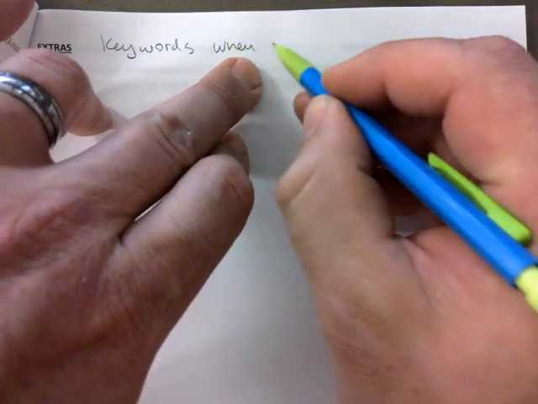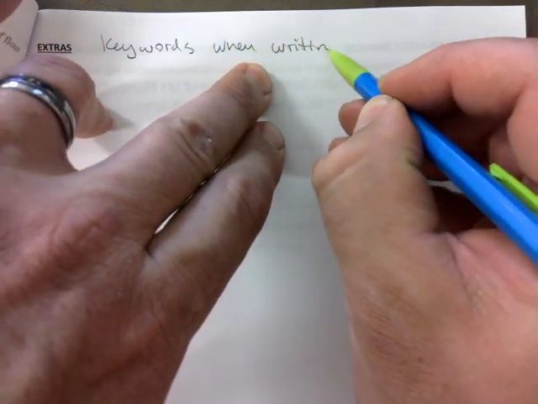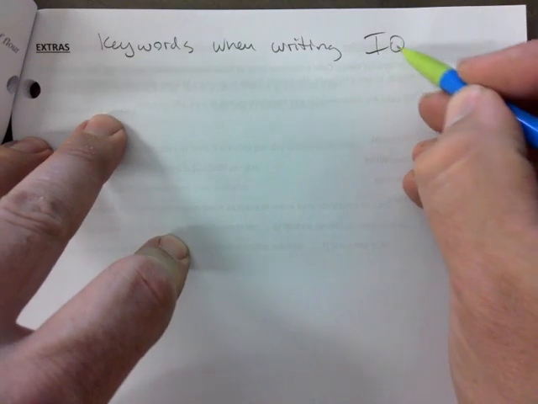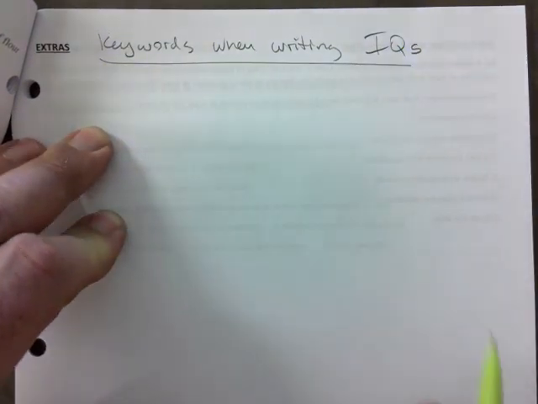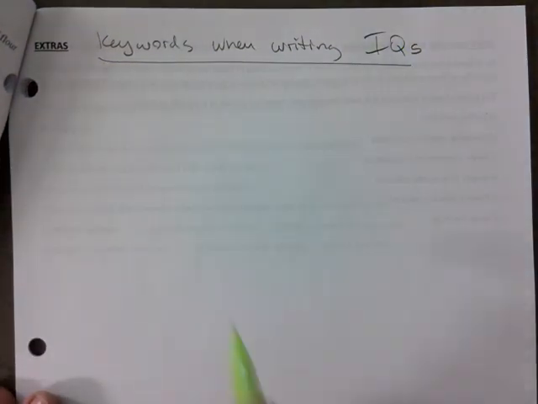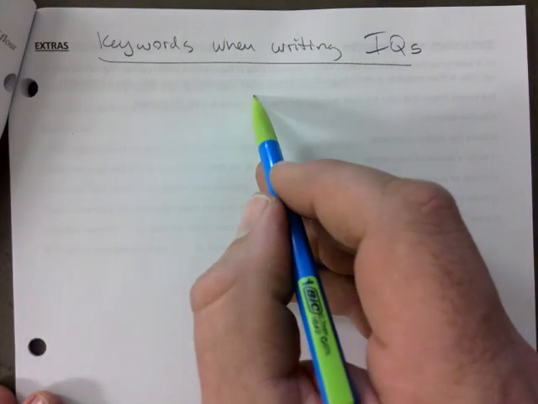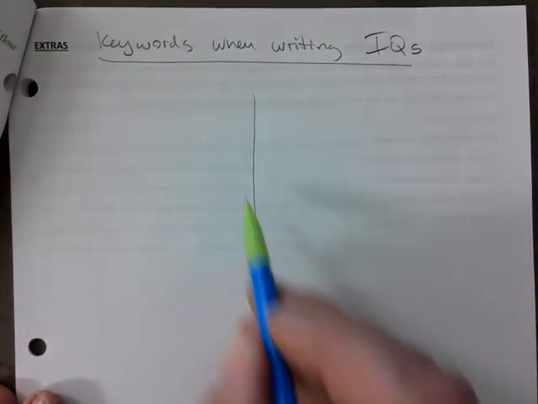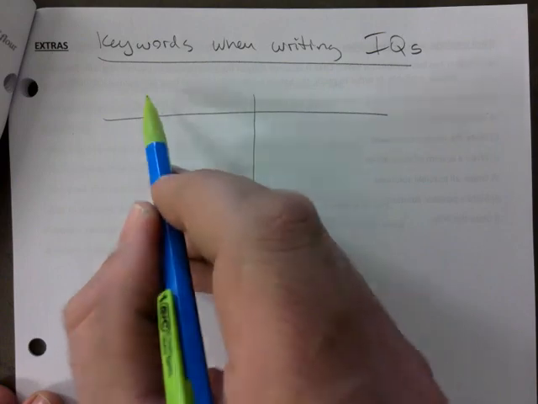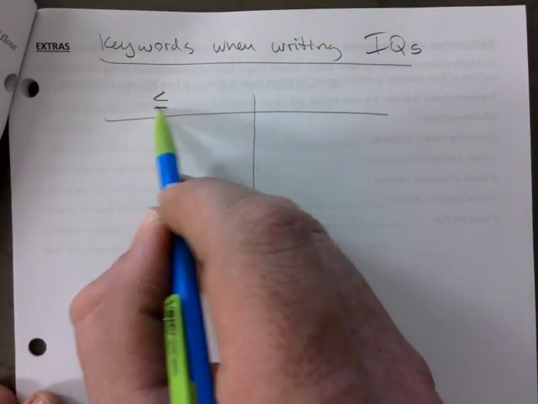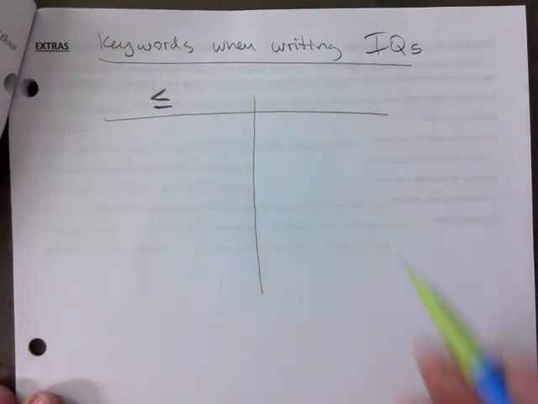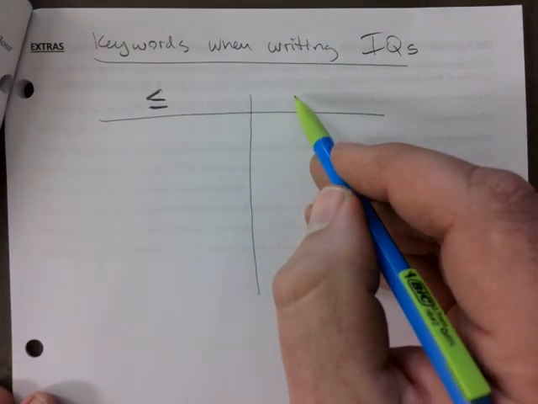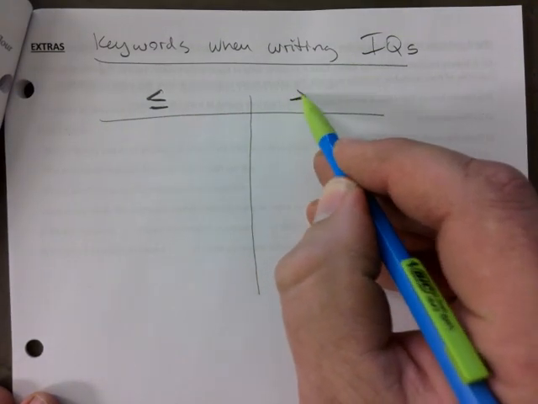Keywords when writing inequalities. So I have two camps. The one camp is if you want the inequality symbol to look like this, and the other camp is the inequality symbol looks like this.